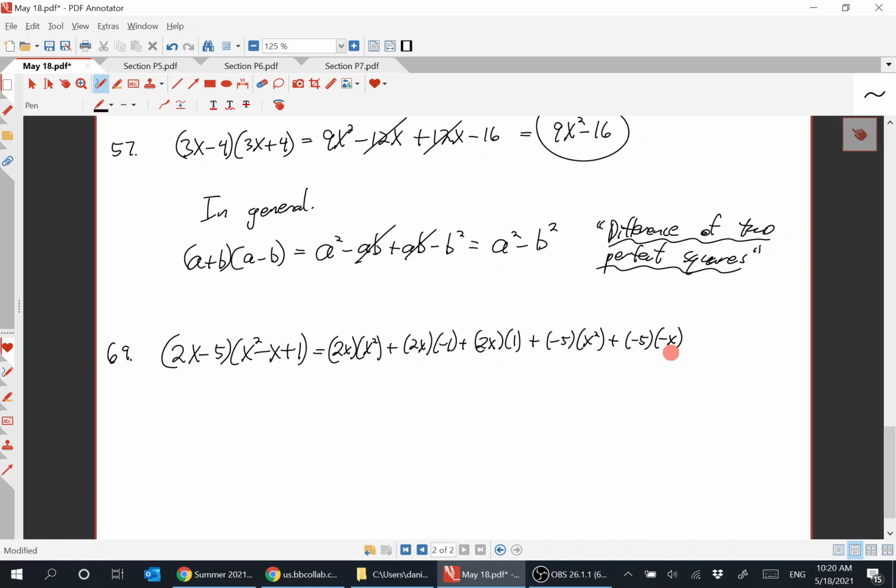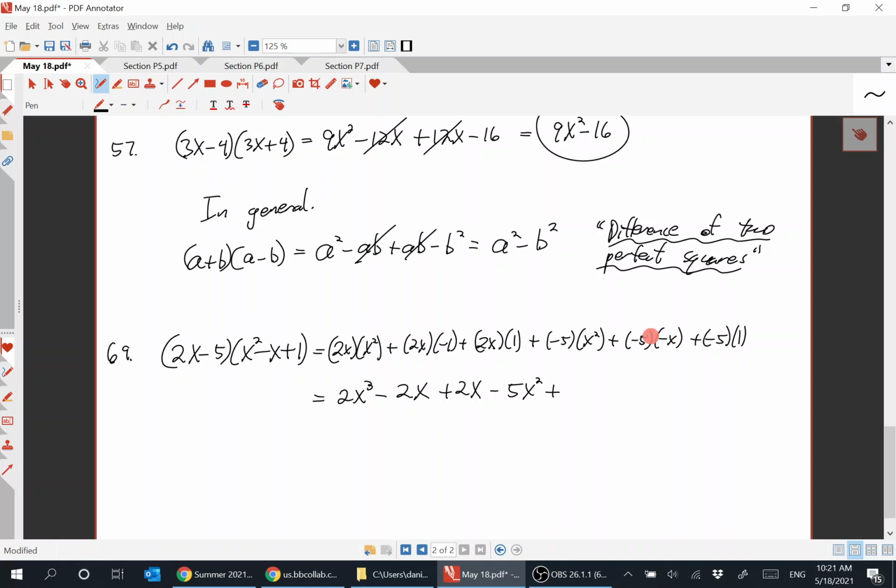What I was mentioning yesterday, 2 terms here, 3 terms there, so 6 terms altogether. 2x times x squared, 2x times minus 1, 2x times 1, minus 5 times x squared, minus 5 times x, minus 5 times 1. As I was saying yesterday, only show as much work as you need to show for you to feel comfortable you got it right. Don't show more than that. It's just clutter. Only use what you feel you need.